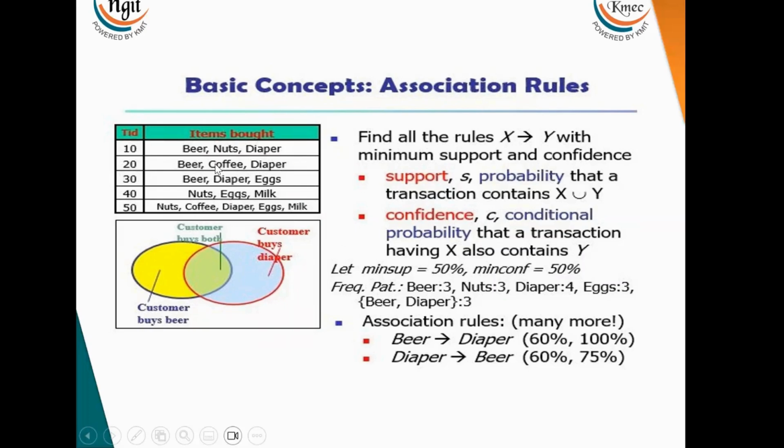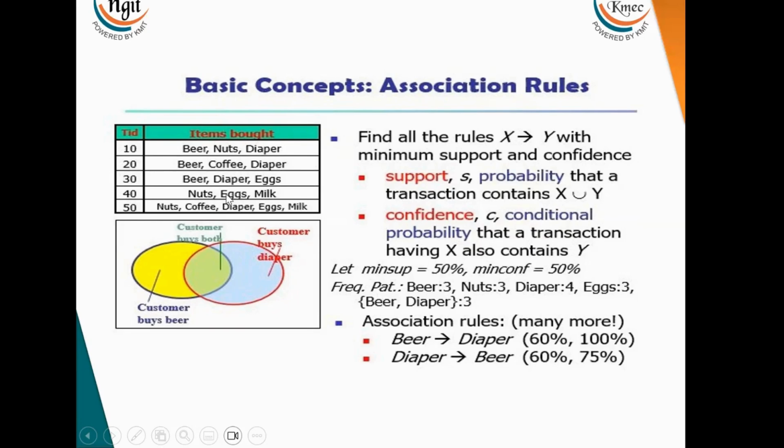Suppose I want to know how many people want to buy beer with nuts. To know that, X is beer and Y is nuts. So the combination of beer and nuts, how many times is it repeated?